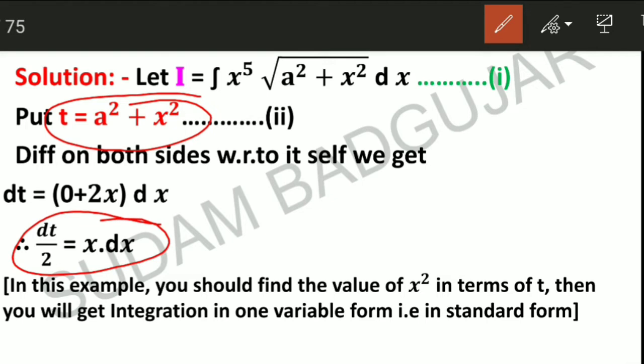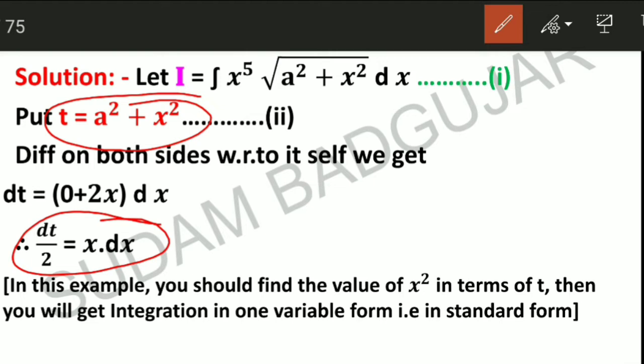Then you will get integration in one variable, otherwise we can't solve that, because integration of two variables is not possible. So after applying the substitution method, first you have to find out dx, or some constant number into dt, or dt upon some constant number.